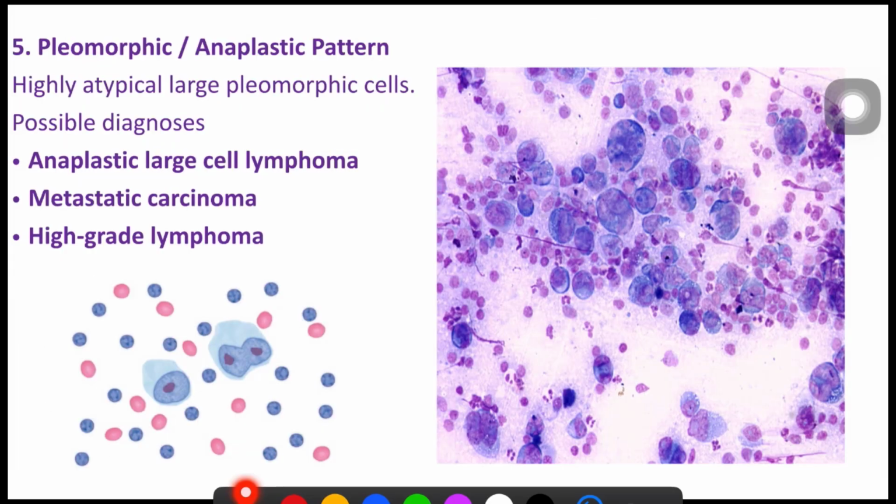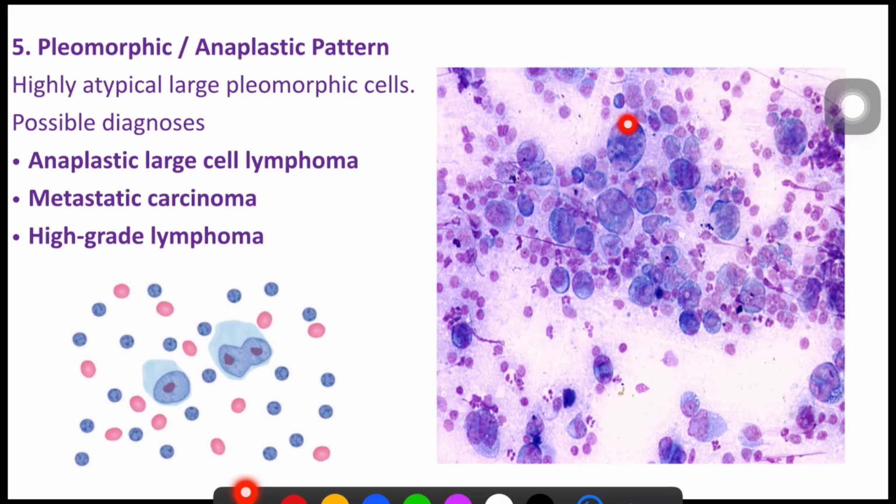Now, last important, the pleomorphic or anaplastic pattern, where you find highly atypical large pleomorphic cells, and possible diagnoses include anaplastic large cell lymphoma, metastatic carcinoma, high grade lymphoma. See, these are the normal lymphocytes and RBC, but these are the highly atypical large pleomorphic cells with cleaved nucleus, multiple macronucleoli.